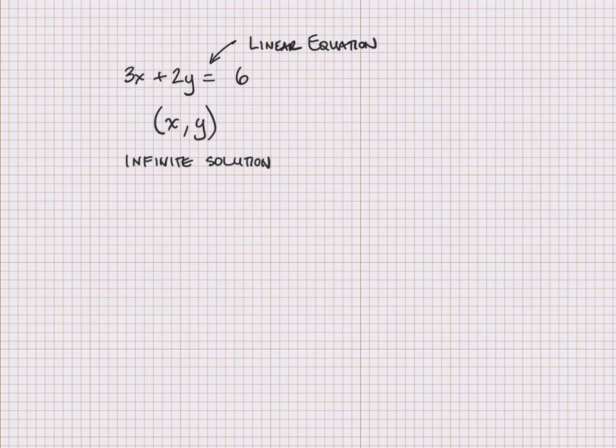And we'll look into this. Remember, a solution to an equation is just something that creates a true statement when you substitute it in for the variable, or variables in this case. So we have an equation that looks something like this.